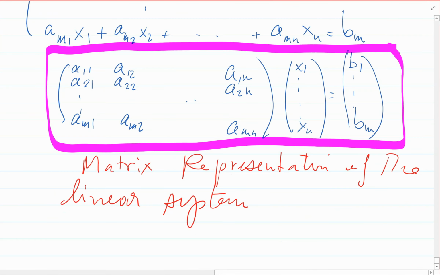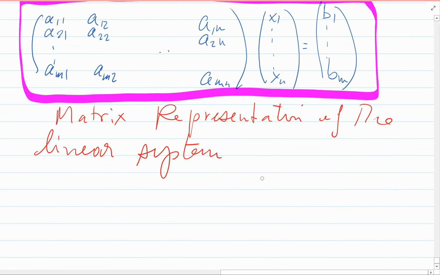And in general, the way we write it is A, which is the coefficient matrix, times x, which is the unknown vector, a column vector x1, x2, ..., xn, and it's equal to b, which is the non-homogeneous term of the system.